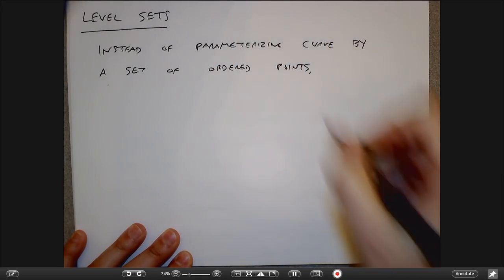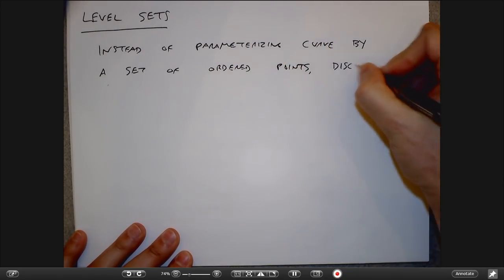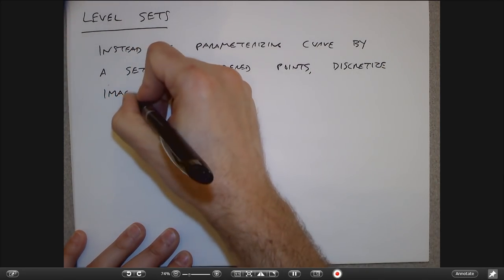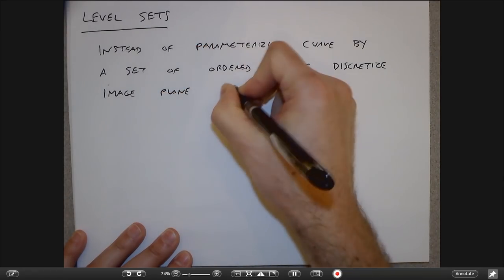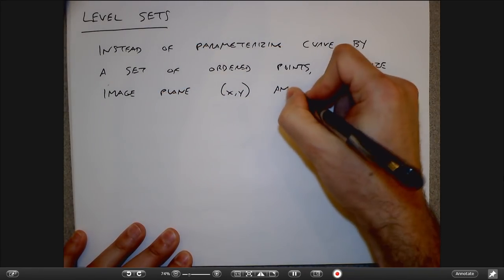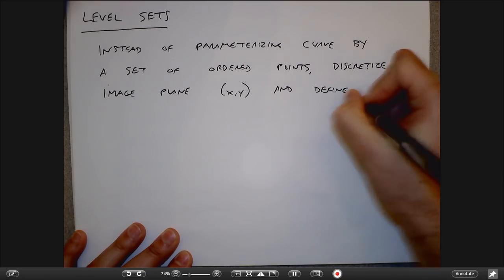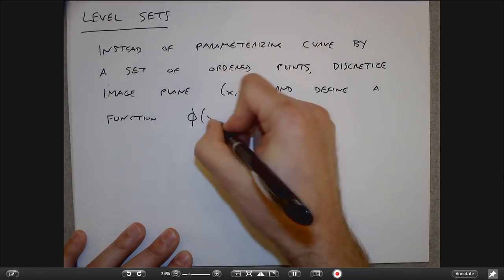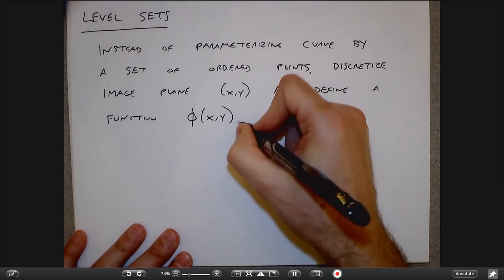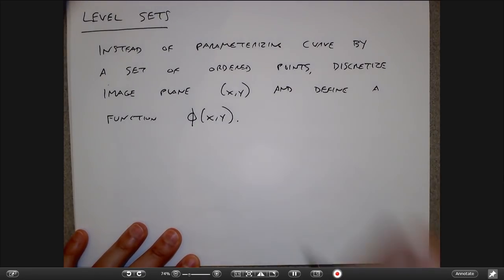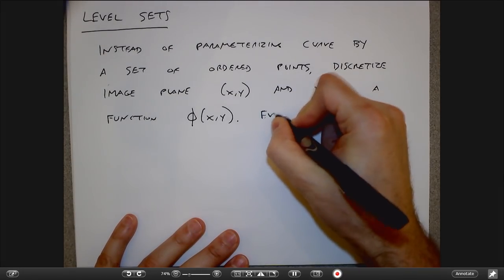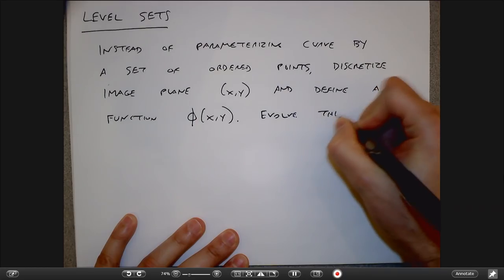what I do is I discretize the whole image plane. So I've got these xy coordinates, and I define what's called a level set function phi. And so instead of evolving a curve, I'm evolving this entire function over the plane.